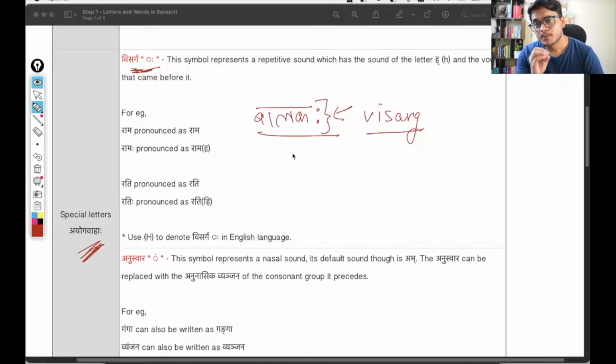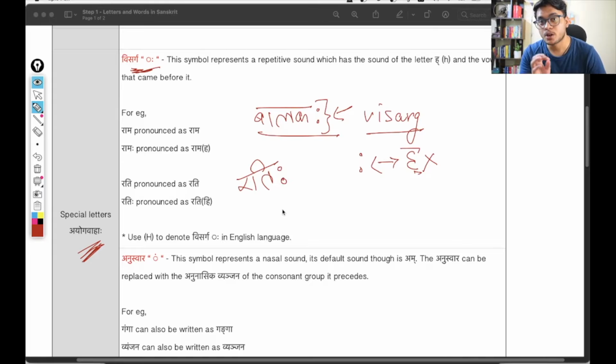Now one common mistake some people make is they think that visarga is equivalent to ha, the letter ha, but it is not. Why? Suppose I give you the word rati, and then I add visarga to it, will you say ratiha?